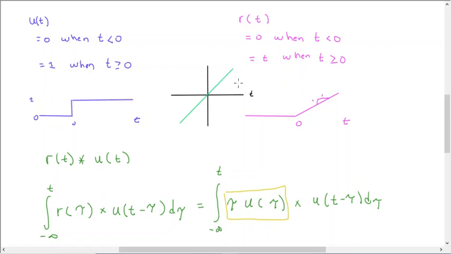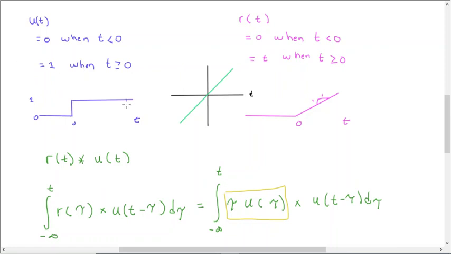The slope is 1. The difference being it's 0 for time less than 0. Right? How do we get this in function format, in a nice compact way of saying it, rather than that definition to be 0 and then t?